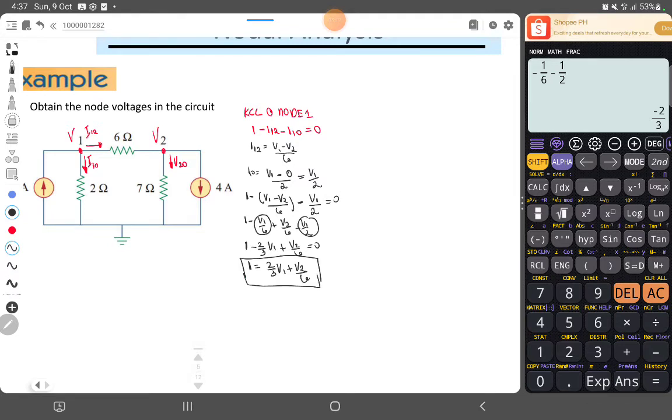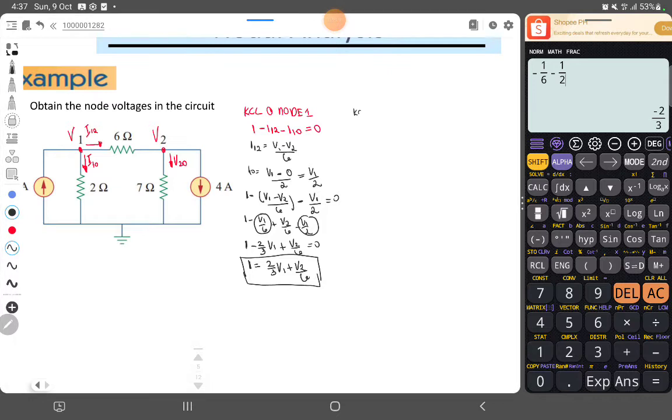Next, let's have our KCL at node 2. The current entering my node 2 is I12, less I20, less my 4 ampere going out of my node 2, minus 4, is equal to 0.